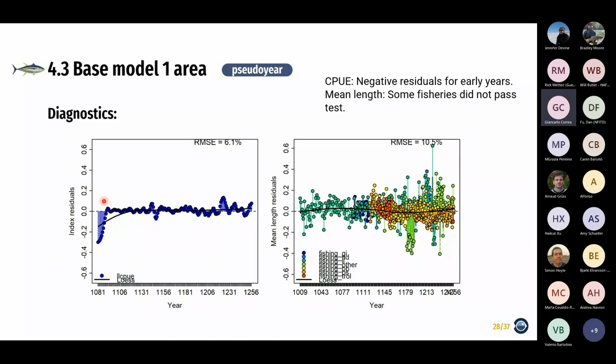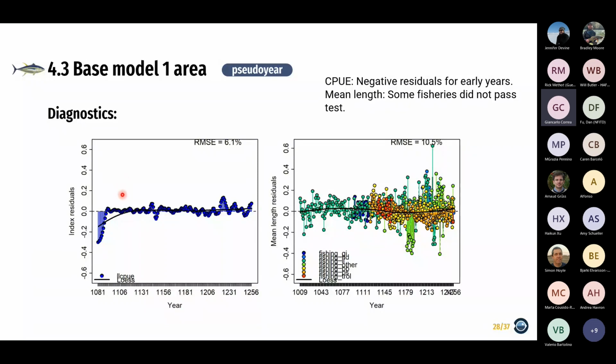And we believe that what is causing this is that we are estimating the recruitment deviates starting from, I think it was 1972 or something like that. So we believe that if we start to estimate recruitment deviates before that year, we are going to fix these residuals here.